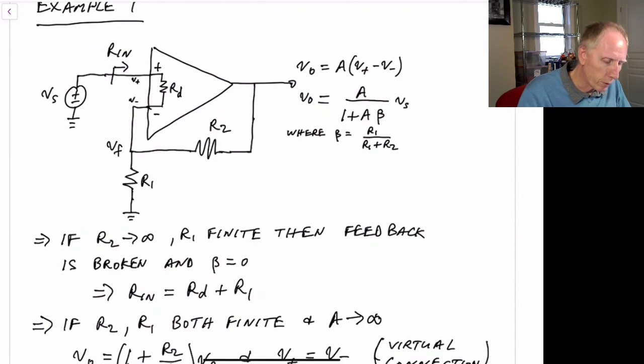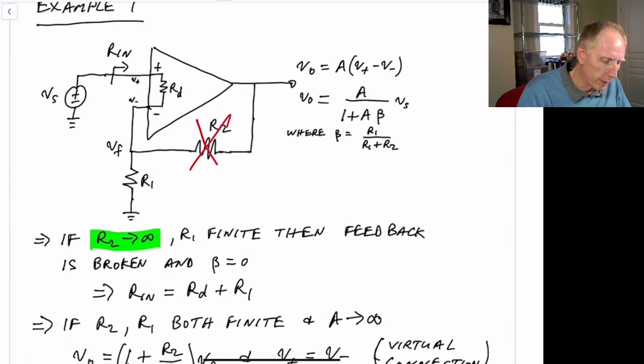Now, we'll also assume that for this amplifier we have an input differential resistance of R sub D. What we want to look at is the input resistance, with and without feedback. So we'll break the feedback and then attach the feedback. In order to break the feedback, we can let R2 go to infinity.